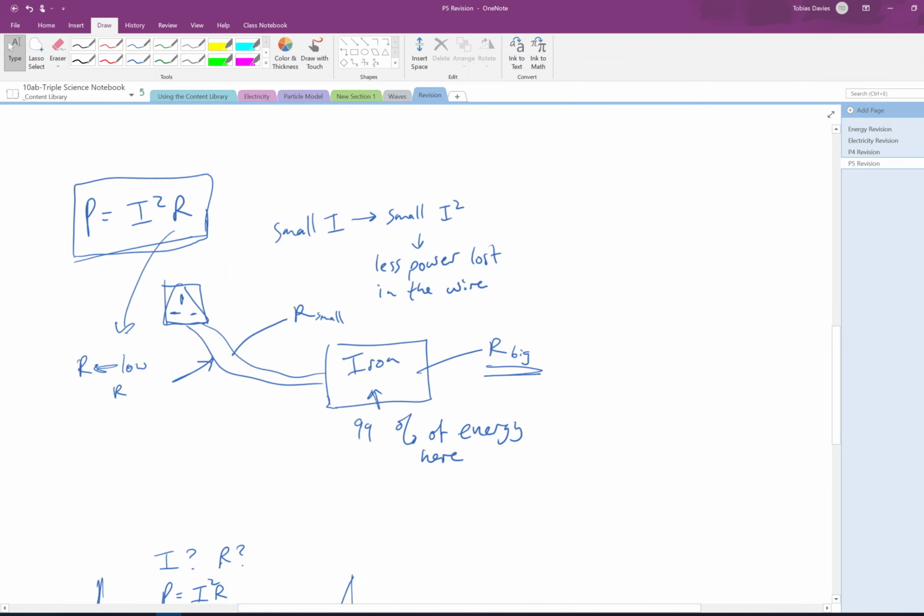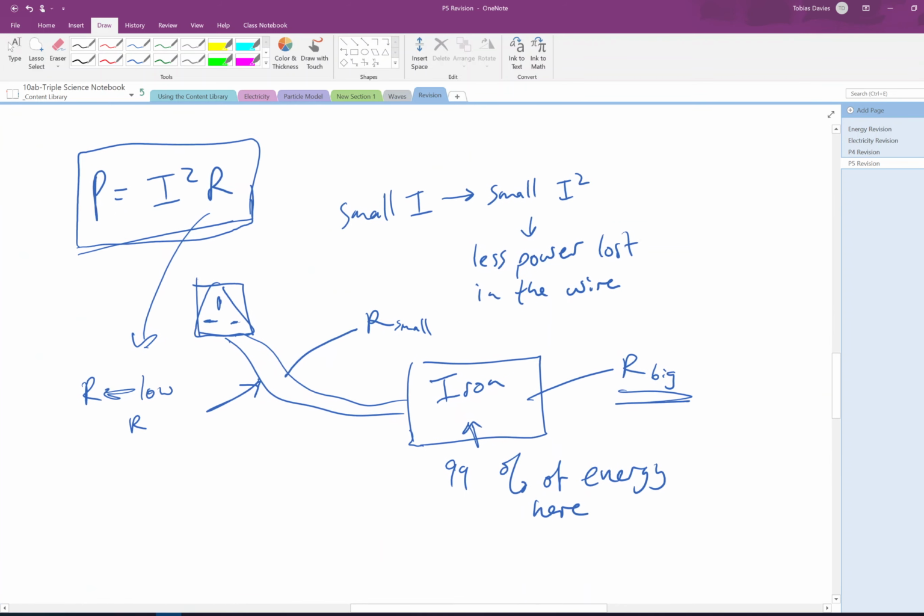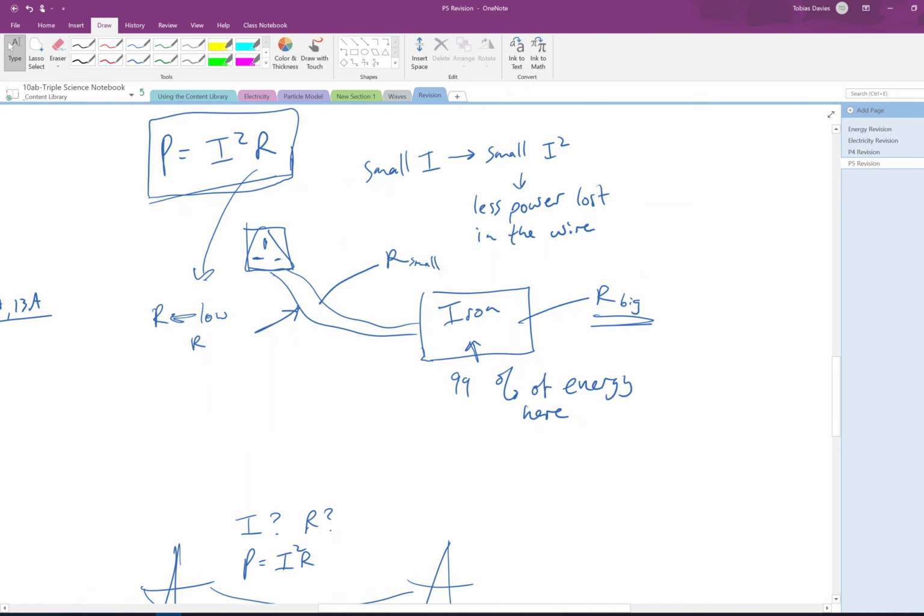I'm thinking about an appliance. The cables to an appliance have a low resistance, and then the appliance itself will have a bigger resistance, and that is where the power is being used. If you've got a small resistance in the cables, there's not much power used in the cables, so there's not much heat in the cables.